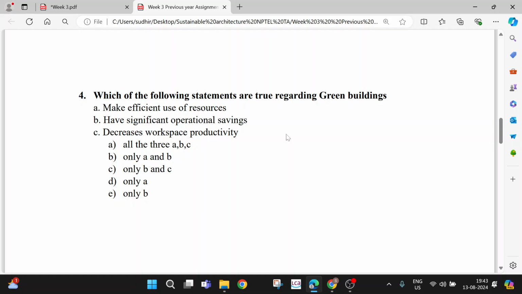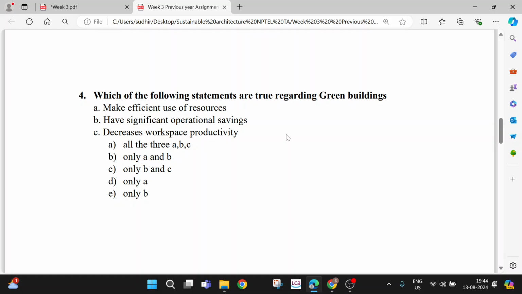Energy, water, and materials. Apart from that, what operational savings can green buildings provide? Since they are highly efficient buildings, due to their efficiency they often result in lowering the utility bills and operational cost of the building once it is constructed.